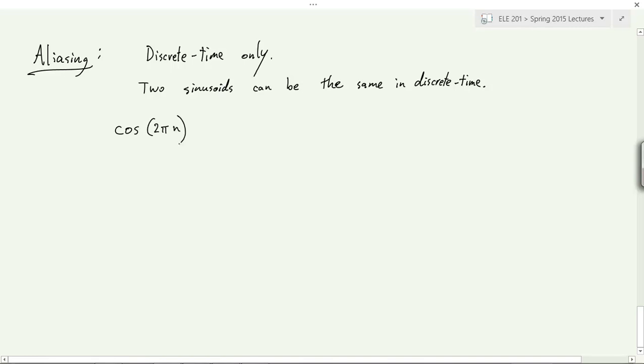What's the frequency of this sinusoid? It's 1, right? Because the form with frequency f would be cosine 2 pi f t or n. So this is a frequency 1 sinusoid. But let's consider discrete time. Discrete time means n is an integer, right? So n is only an integer in discrete time, and anything that happens between that is meaningless. It doesn't exist.